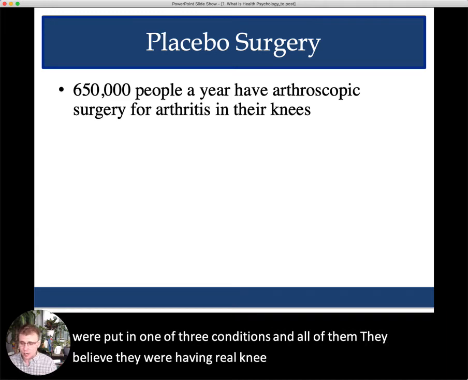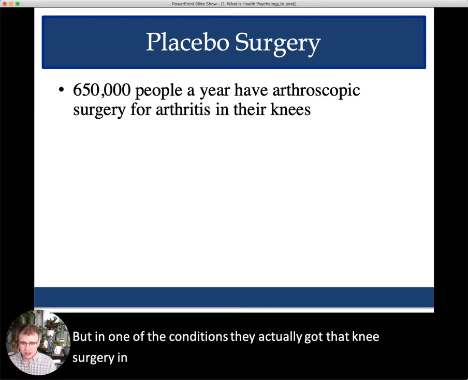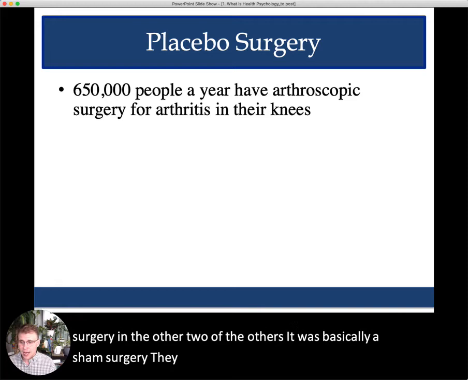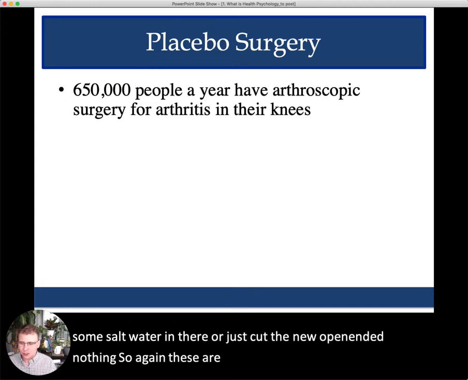But in one of the conditions, they actually got that knee surgery. In the other 2, it was basically a sham surgery. They cut the knee open and just injected some salt water in there, or just cut the knee open and did nothing. And so again, these are not active treatments that should do anything.